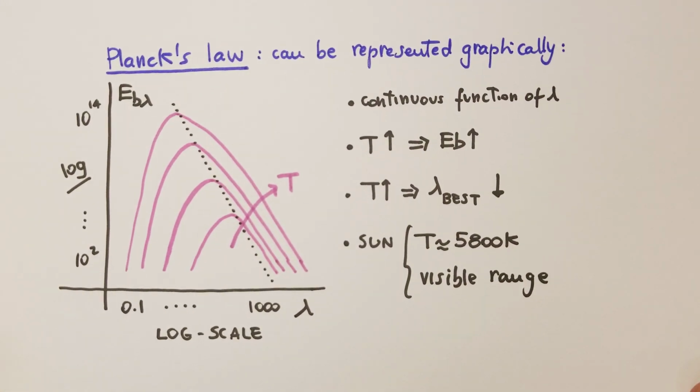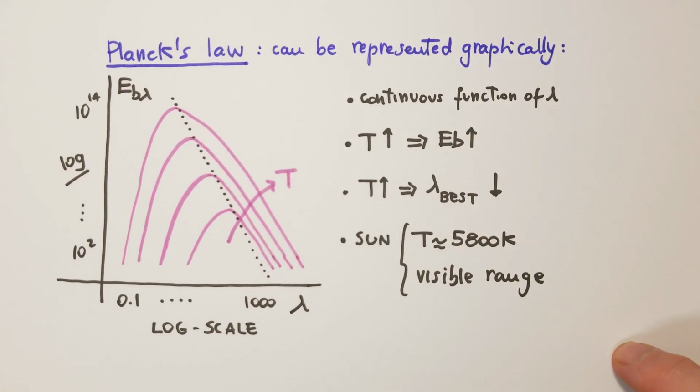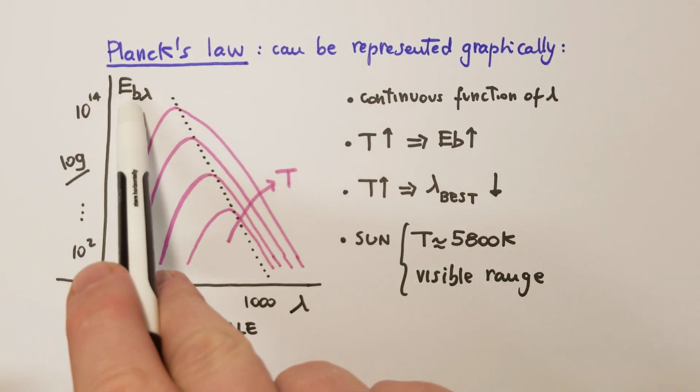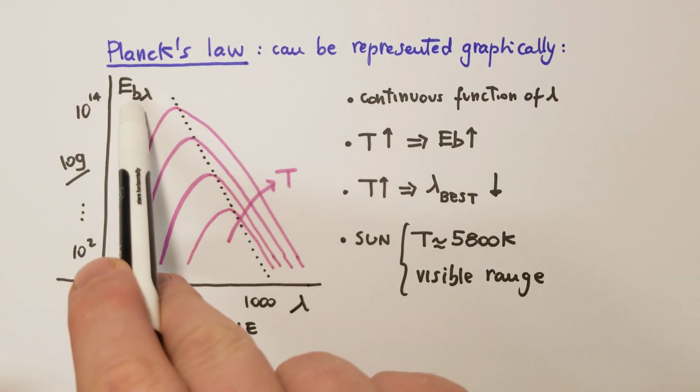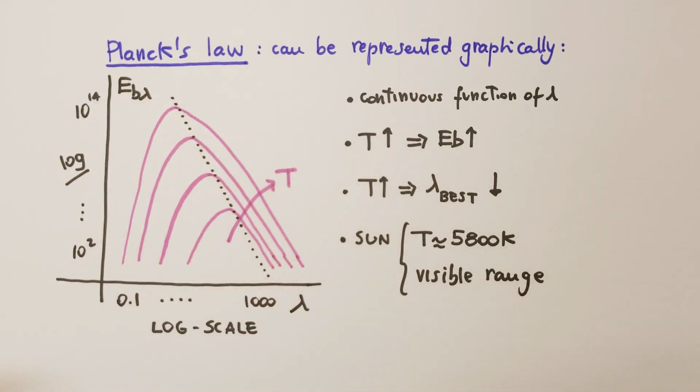So we can represent Planck's law graphically. We note first of all here that E_B lambda and lambda, the two scales are in log scale, and the typical graph has this form.